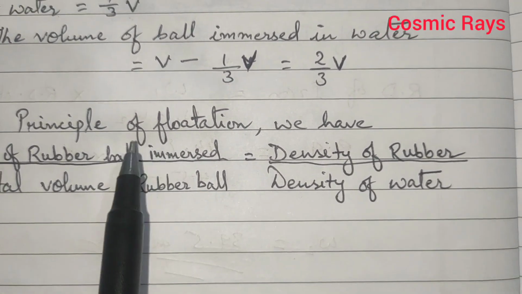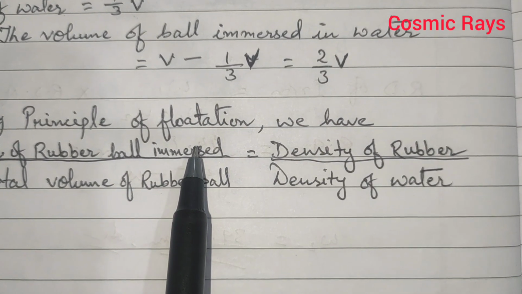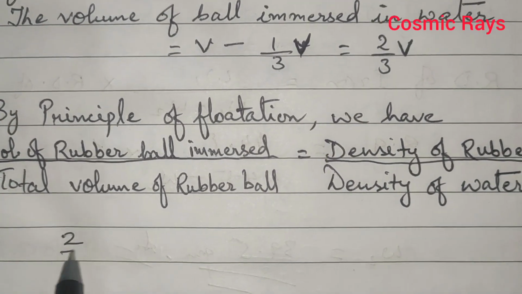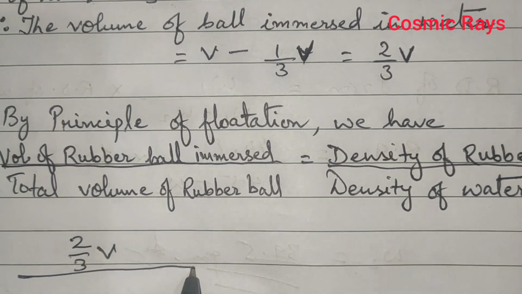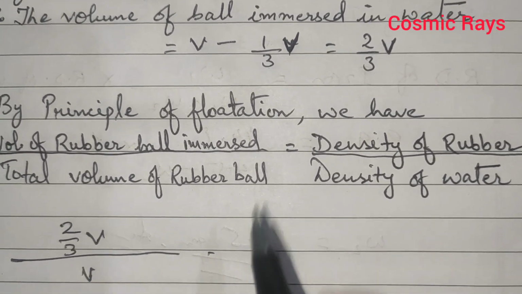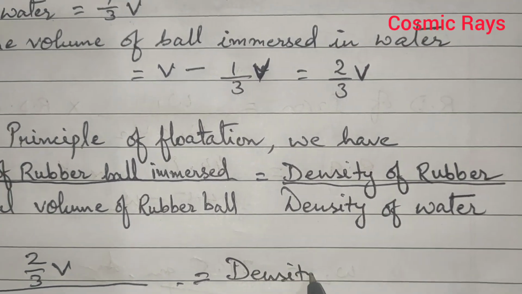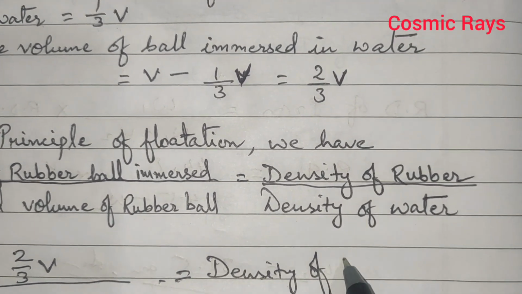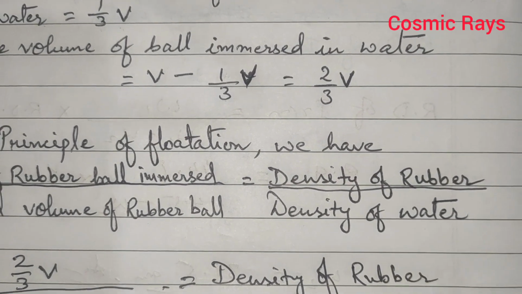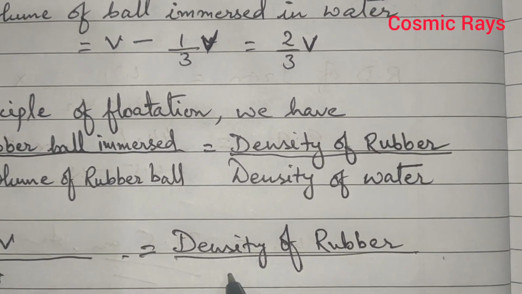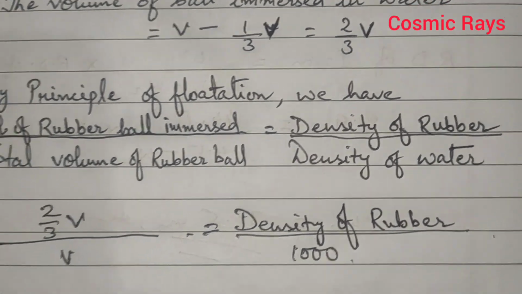Volume of rubber ball immersed in water is 2/3 V. So we write 2/3 V divided by total volume V is equal to density of rubber divided by the density of water, that is 1000.